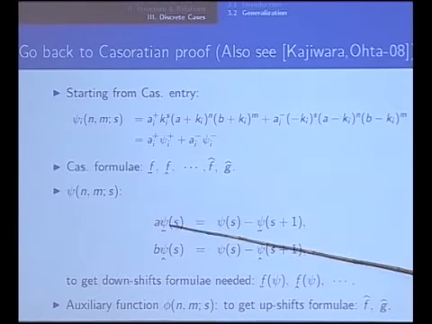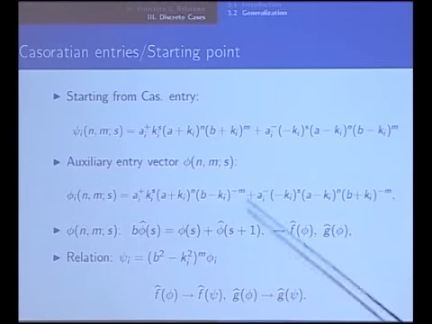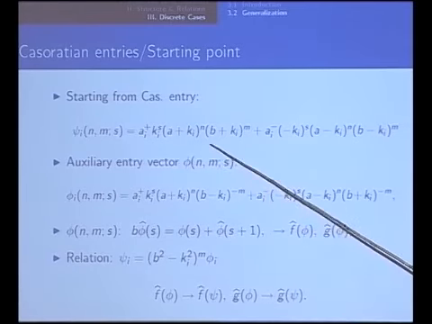But such solutions can only be used to get those shift formulas with downshift. We cannot get upshift formulas. To get this, we have to introduce some auxiliary function. This is some trick.